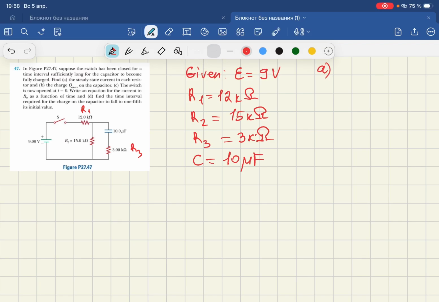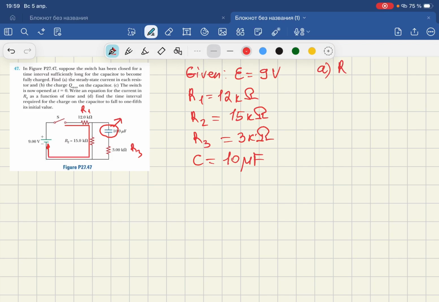It means that in this circuit, when the capacitor is fully charged, we can consider that the current is going through two resistors and coming back to its initial position. So in the first case we can use it like that.